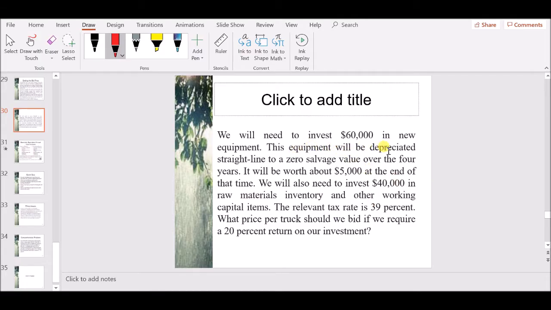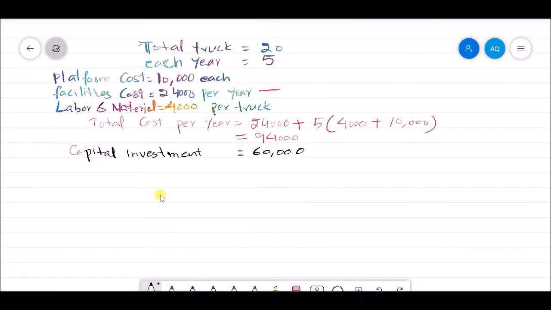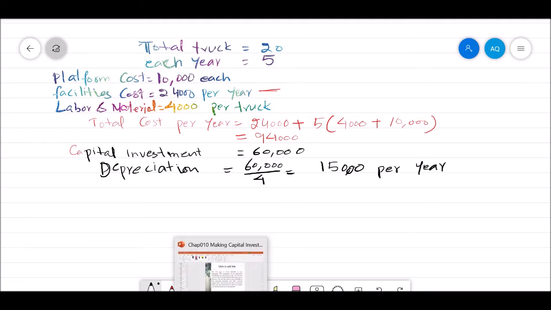This equipment will be depreciated straight line to a zero salvage value over the 4 years. So this equipment has 4 years life. We have to calculate the depreciation, which is straight line for 4 years. $15,000 per year will be our depreciation.